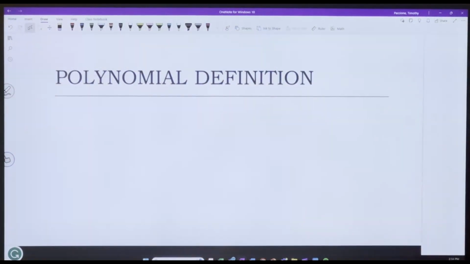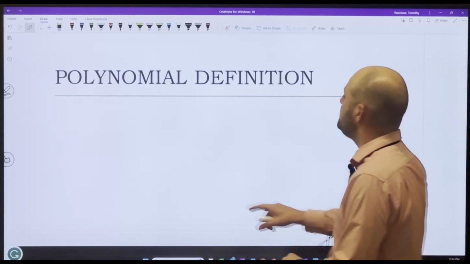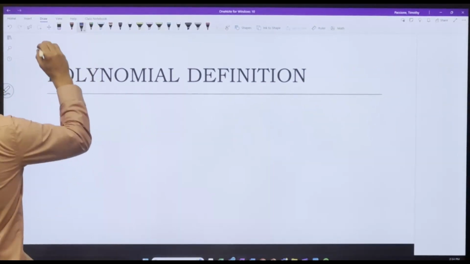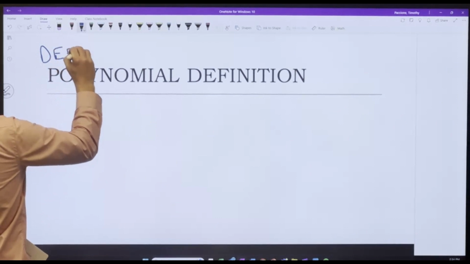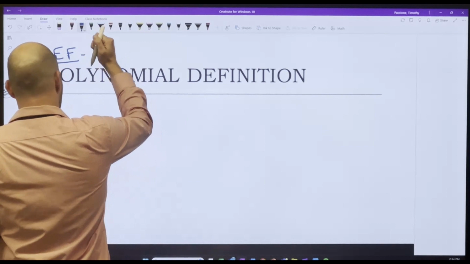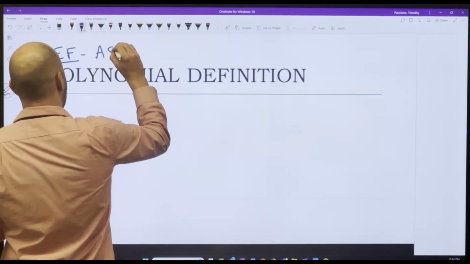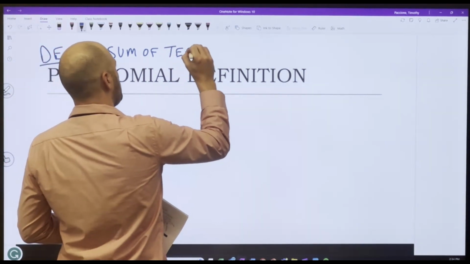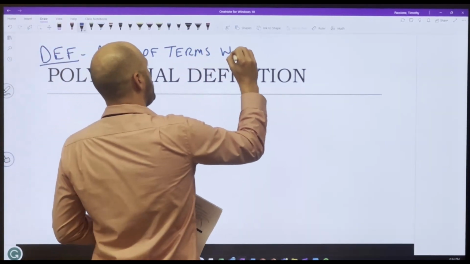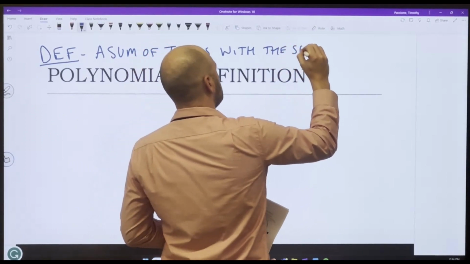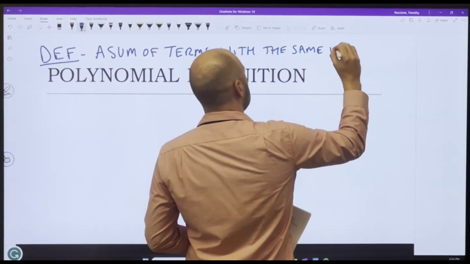Okay, so let's start defining polynomials. Let's start moving along here. Okay, a polynomial, its definition. It is defined as, well, a sum of terms with the same variable.